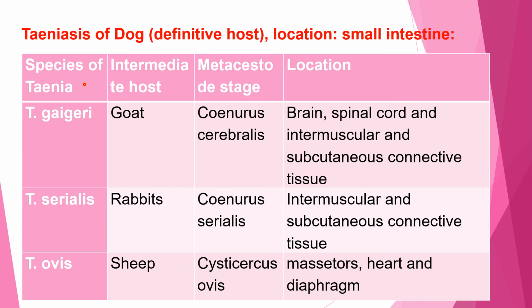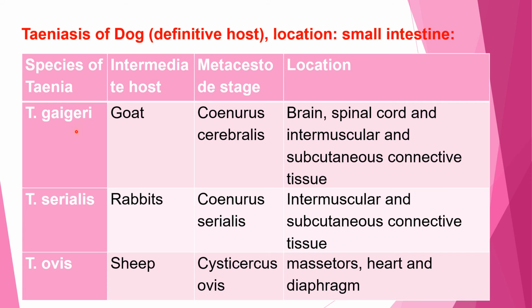In the first column is the species of Taenia, second column intermediate host, third column metacestode stage, that is the cyst, and location of the cyst in the intermediate host. First, we have already seen Taenia multiceps, intermediate host canine and dog species, metacestode stage Coenurus cerebralis, and location is in the brain or spinal cord.